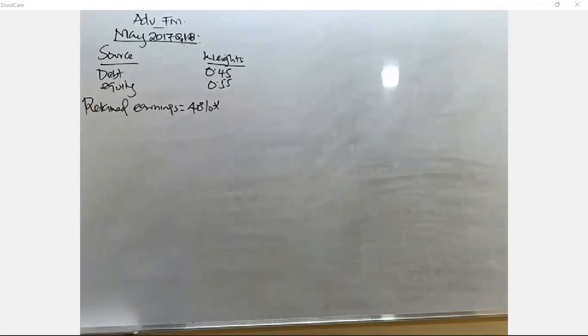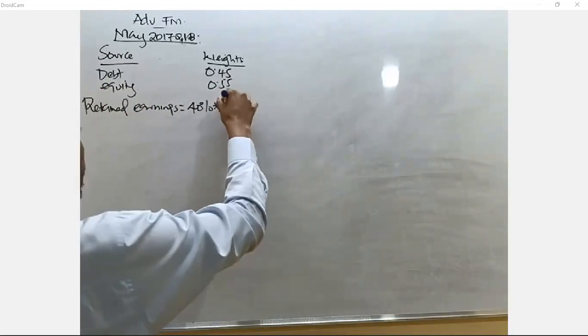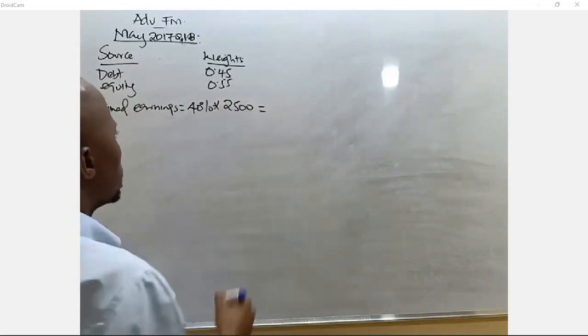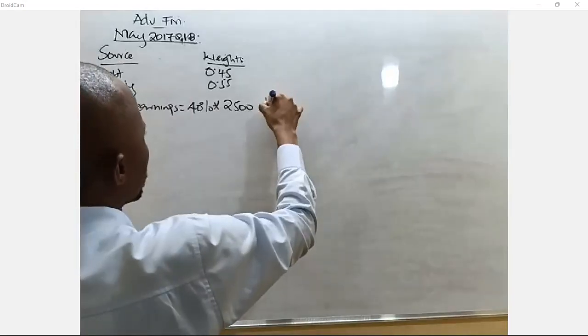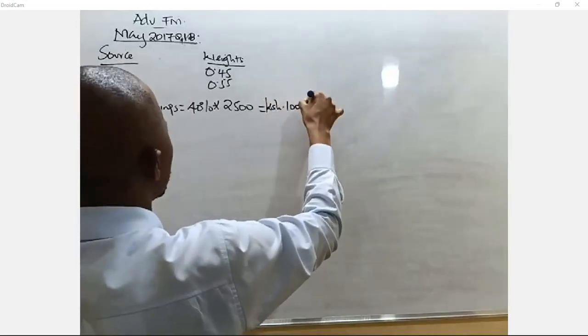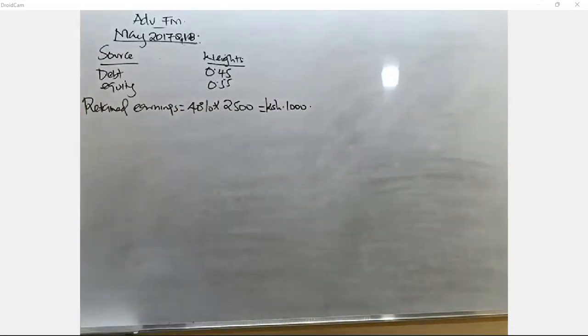So it will be 40% of how much? The profit after tax, which is 2.5 million. Let me just use 2,500. So you just say 0.4 times 2,500, giving 1,000. Correct? That is 1,000 there.